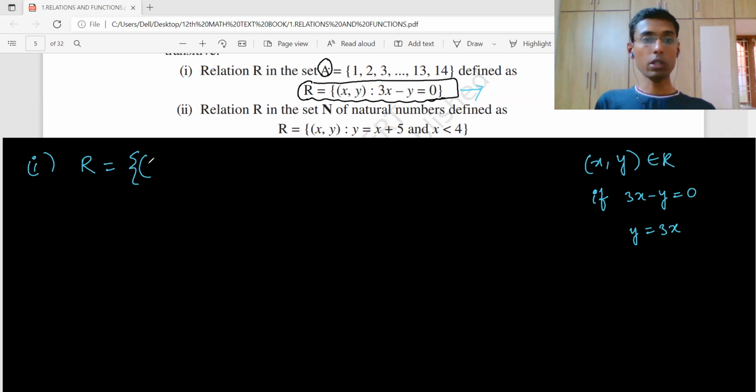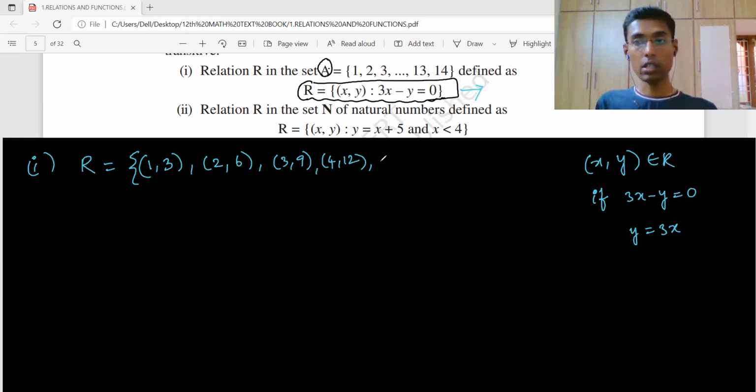If you put x as 1, y is 3. If you put 2, y is 6; 3, 9; 4, 12. Can we put 5? If you put 5, what will happen? We can't; it's not part of the set.